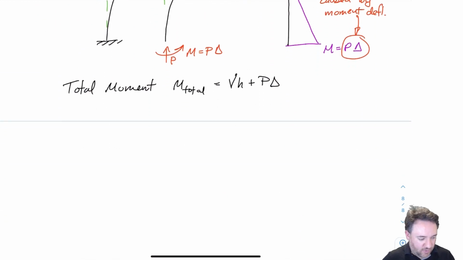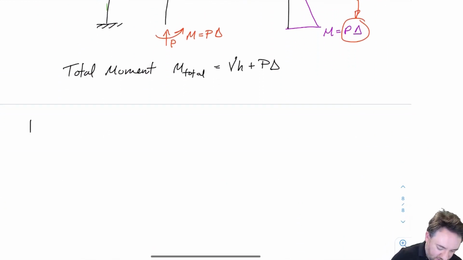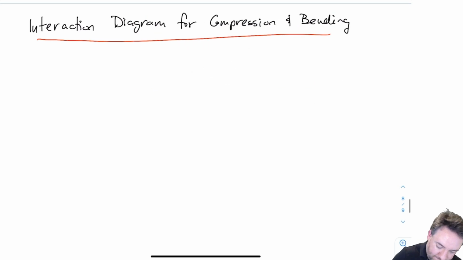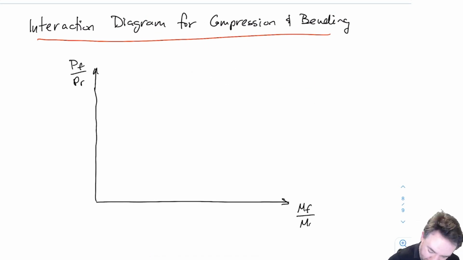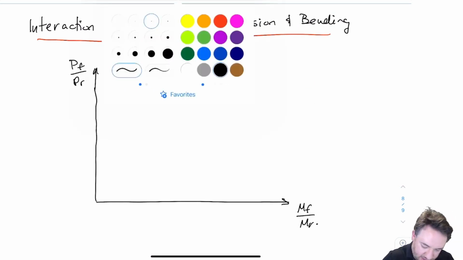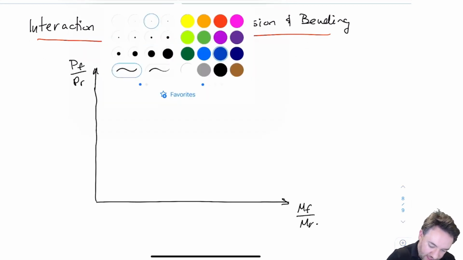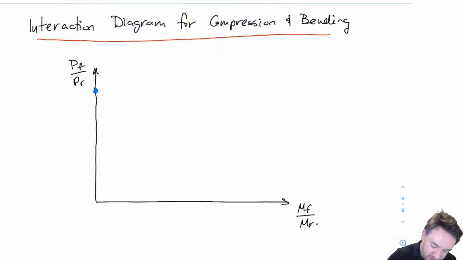Okay, so now overall, if I look at the interaction diagram, just like we did for tension, what are we going to see? Here are my axes, just like we had before when we were looking at tension. And remember, the tension one was a straight line.